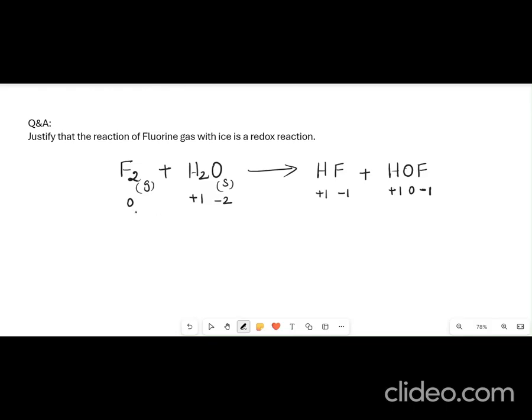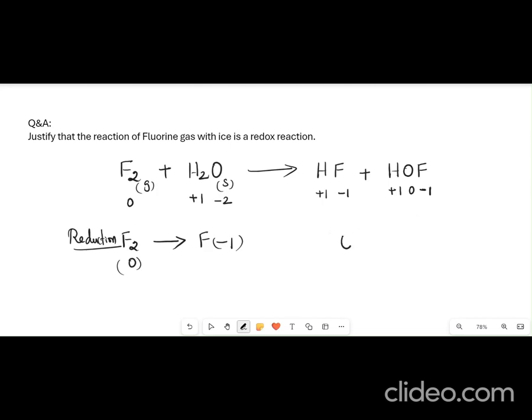So here fluorine is converted, in both the cases, from 0 to minus 1. Fluorine in minus 1 oxidation state. So this means what has happened? Reduction of fluorine has taken place in both the cases, HF formation and HOF.